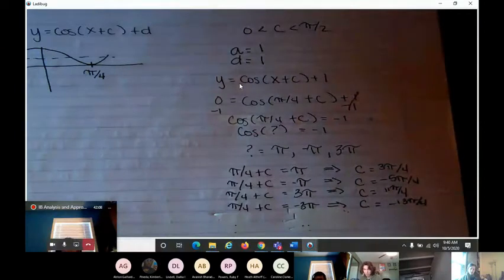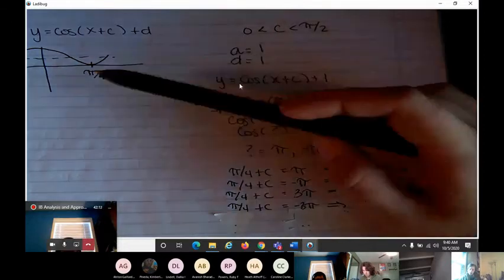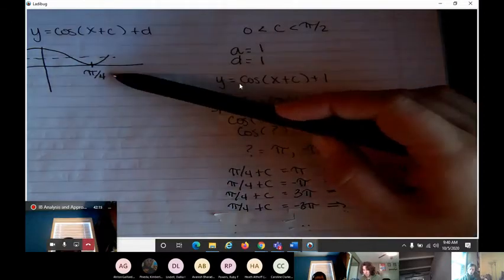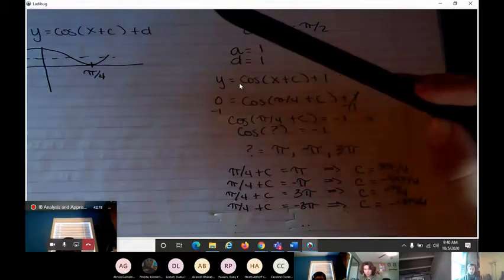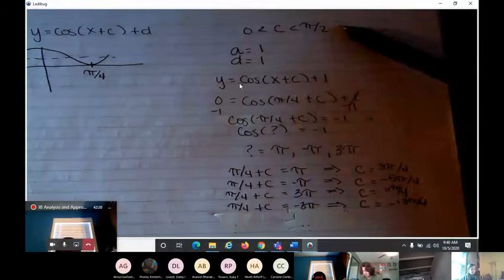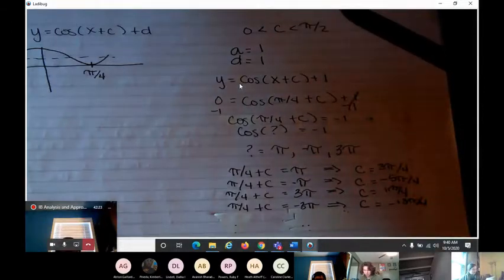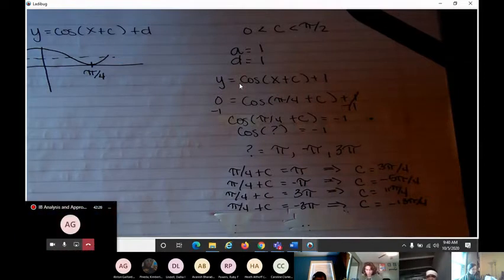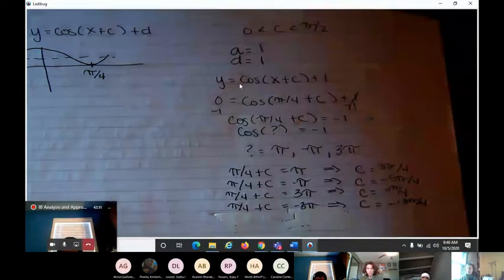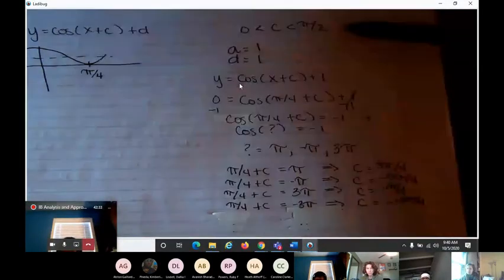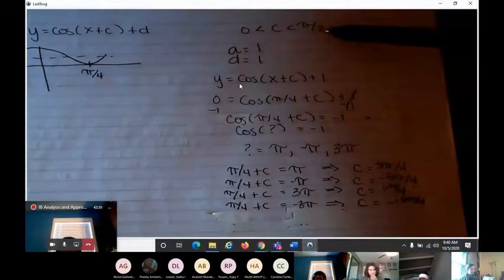And that would mean if it was 4 here, we do have pi over 4 and this is pi over 2. Yeah, this doesn't work. We can't have this shift and C be within this domain.